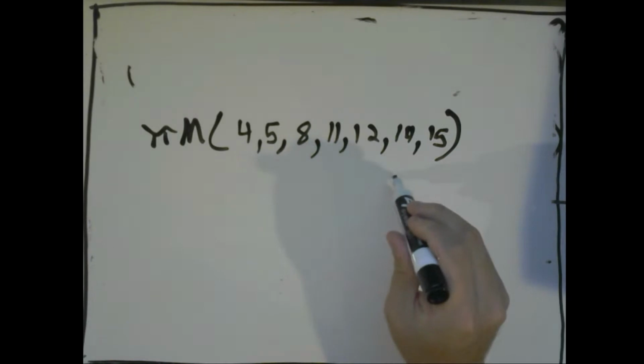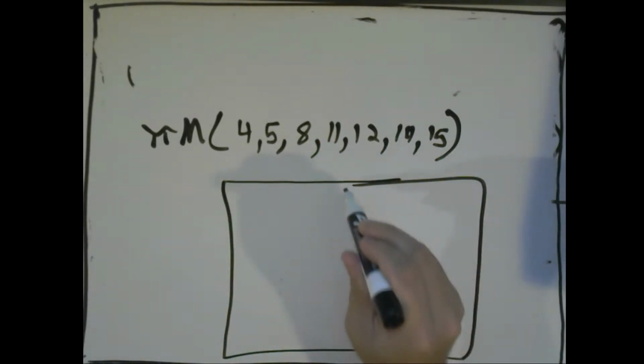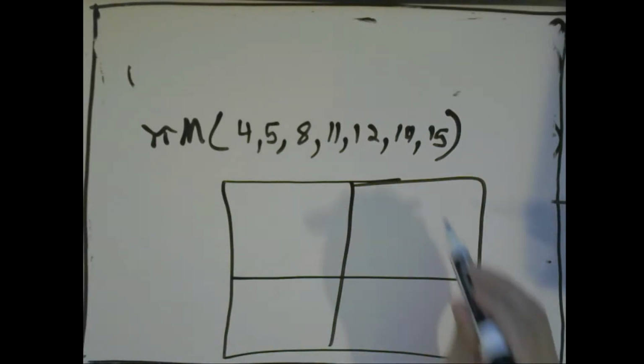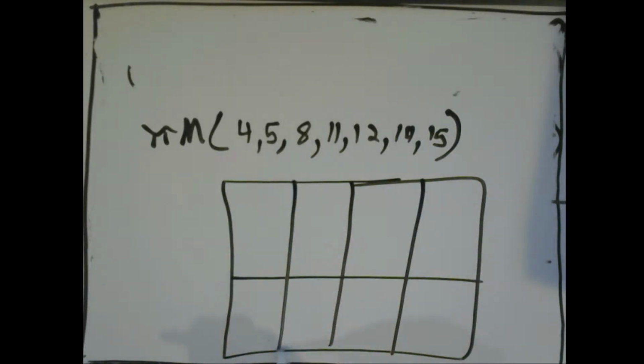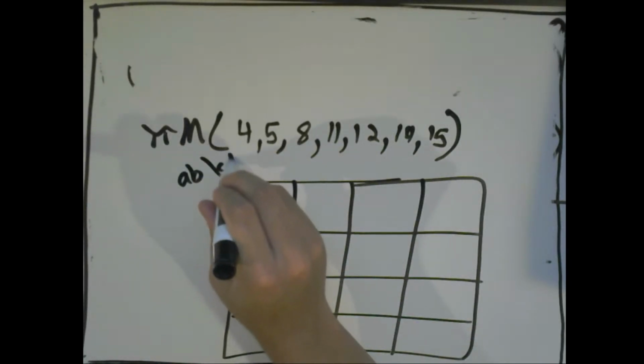And so we're going to draw our K-map again. We're going to do the same process, only a little bit different. We're going to be working with the zeros this time instead of the ones.